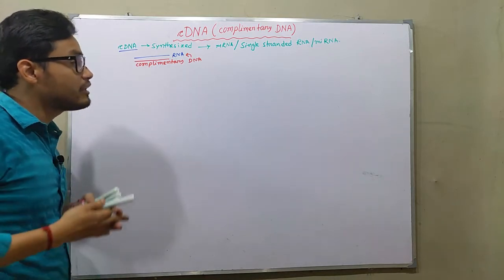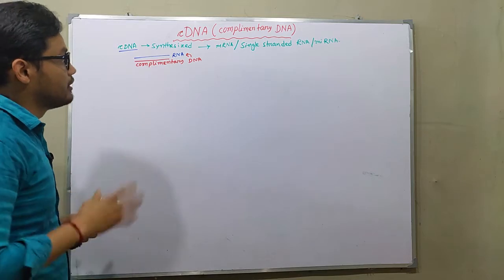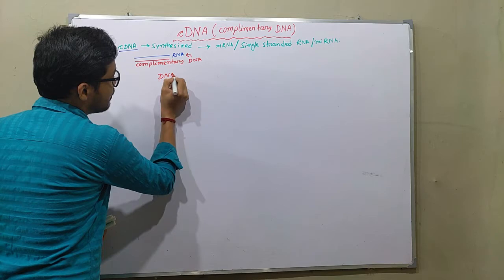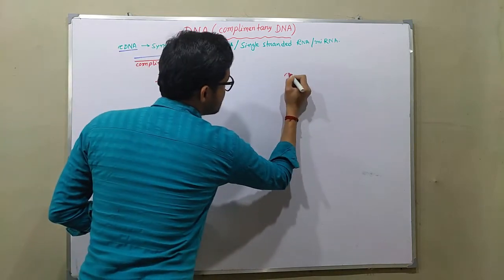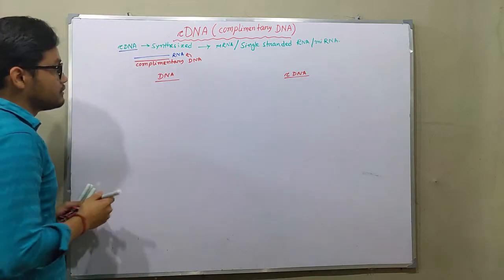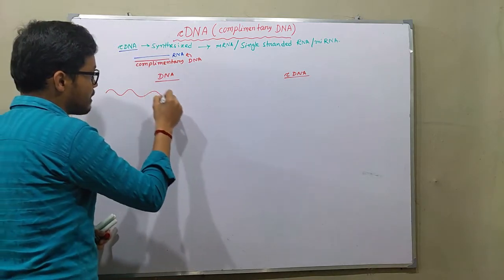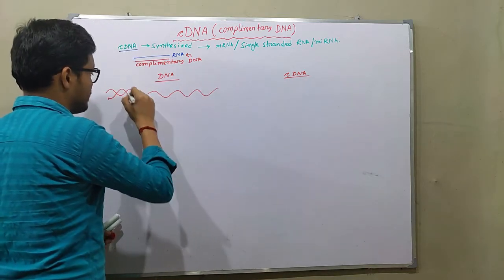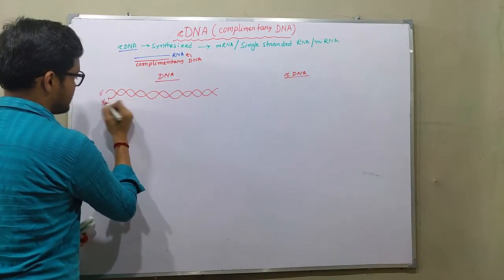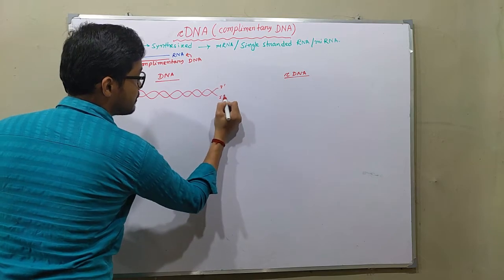Let's jump into the next topic, the major difference between normal DNA and cDNA. If we draw a diagram of DNA, this is 5 prime, 3 prime, 3 prime, 5 prime.